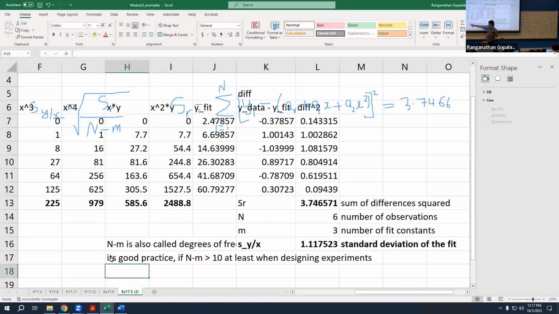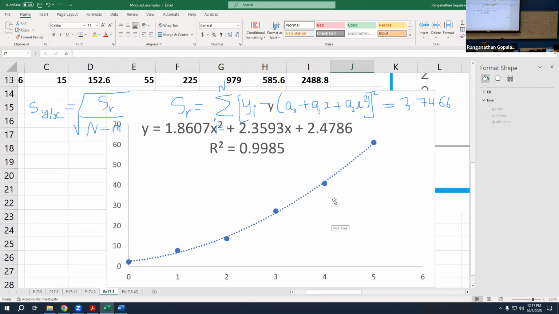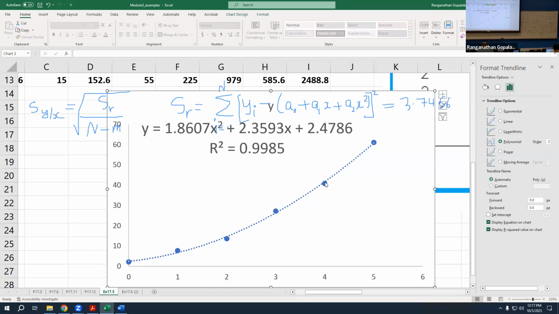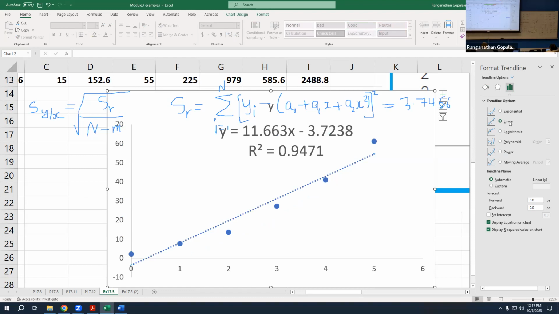After you account for the number of fit constants into which the data is summarized, you should still have enough free variables remaining, so that this experiment can still be considered to have a large enough sample set. I'll give you an example with this data. If you look at this data here, a second order fit looks very reasonable. What does a linear fit look like?